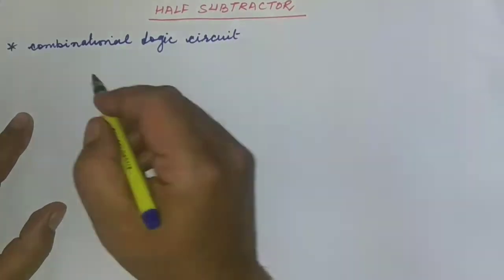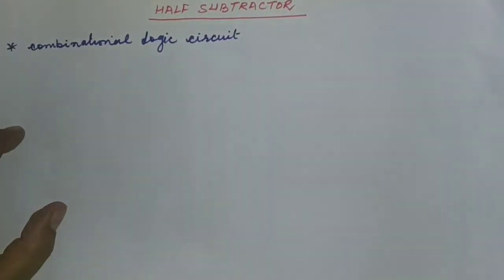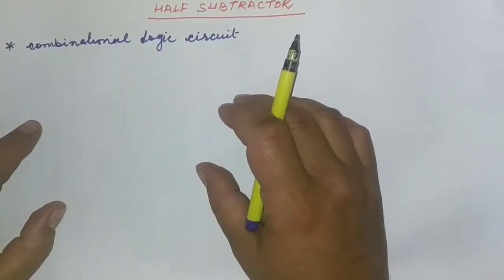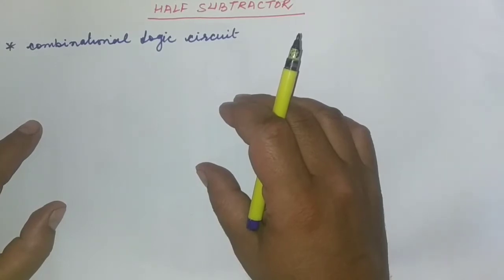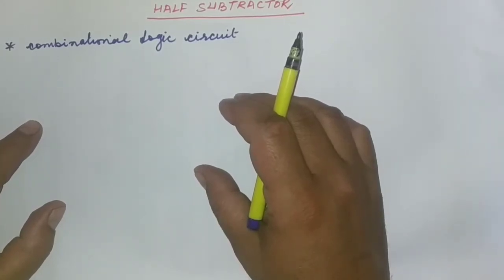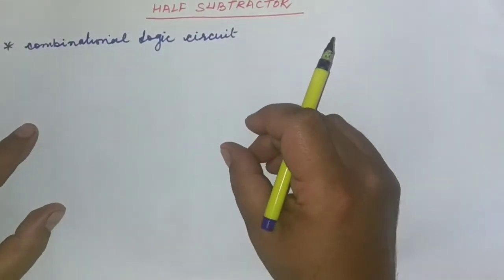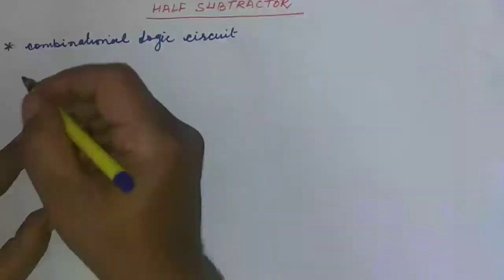This half subtractor is also a combinational logic circuit because the output solely and solely depends upon the inputs that we are providing at that moment of time, and there is no role of any value stored already because we cannot store any value. There is no memory element in combinational circuits.